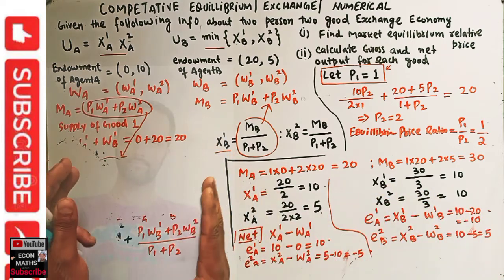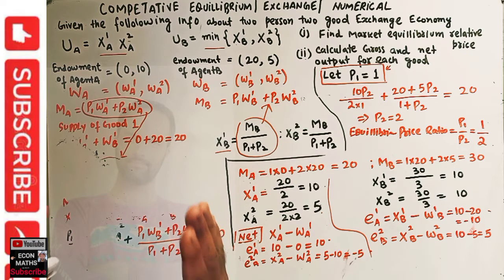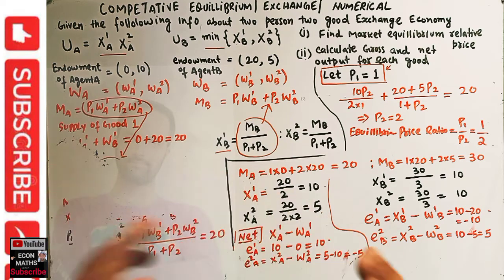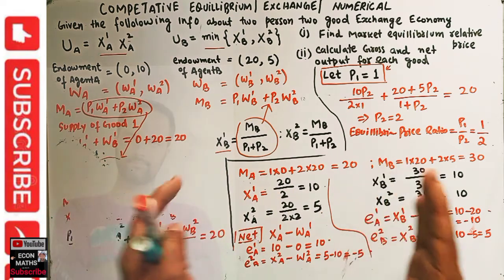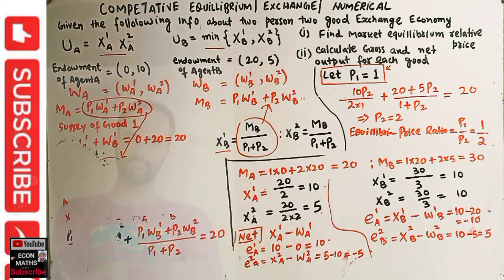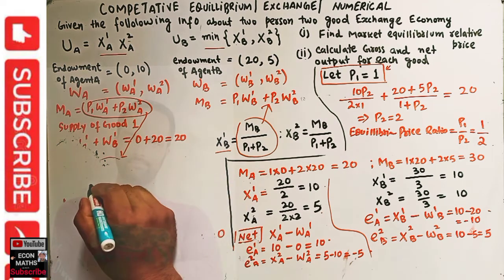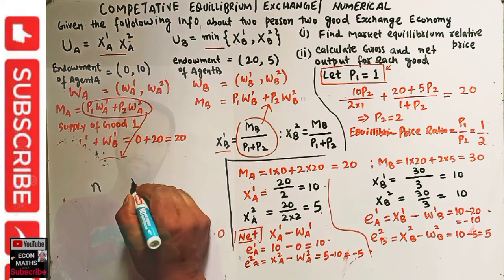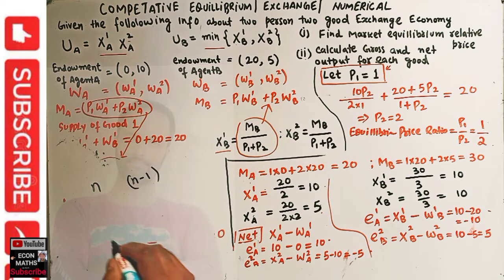We got the equilibrium condition for the good 1 market. We don't need to calculate the equilibrium condition for the good 2 market, because Walras law tells us that if n minus 1 markets are in equilibrium, the nth market will also be in equilibrium.